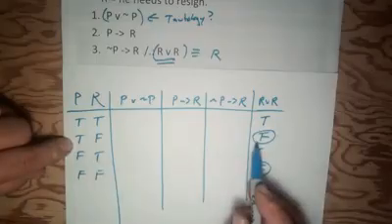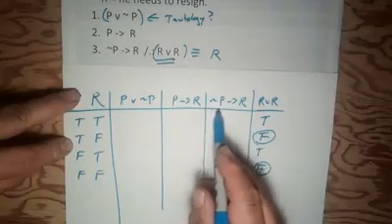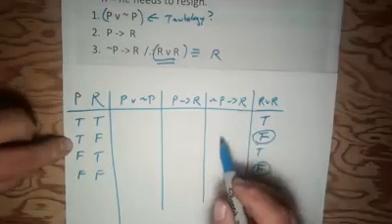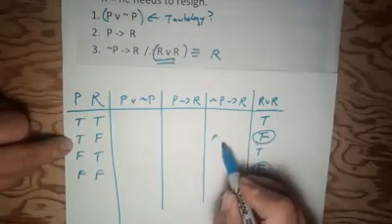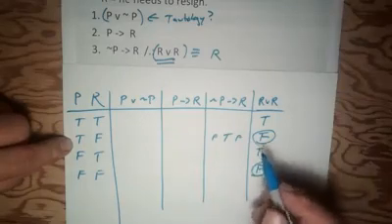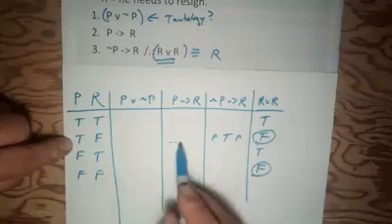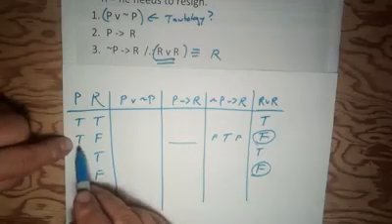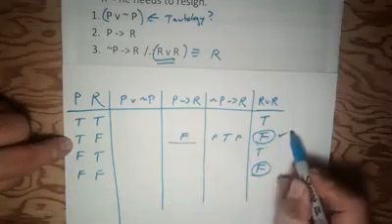On row 2, we have not P then R, so P is true, so not P is false, and R is false, so the result there is true. Here we have, on this row, we're looking for P then R, hit the target, didn't get the prize, false, so that checks out.